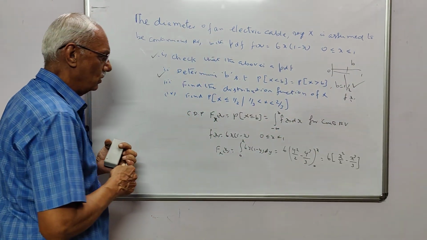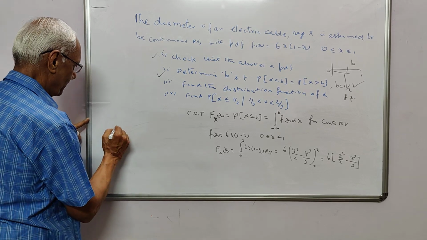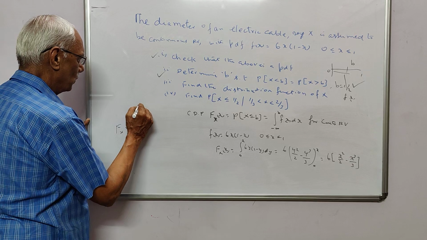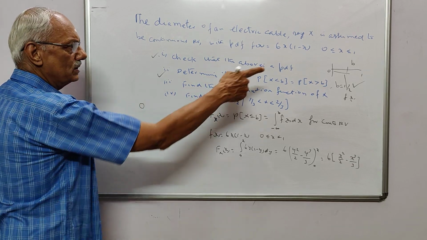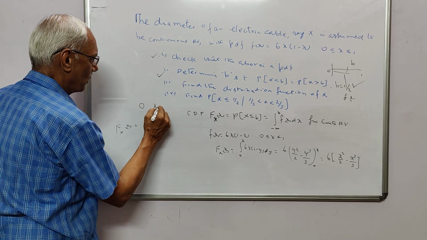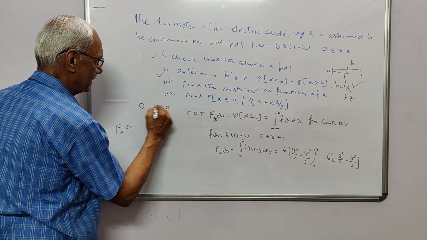F_X(x) will be equal to 0 for all values of x less than 0, because it is not defined below 0.